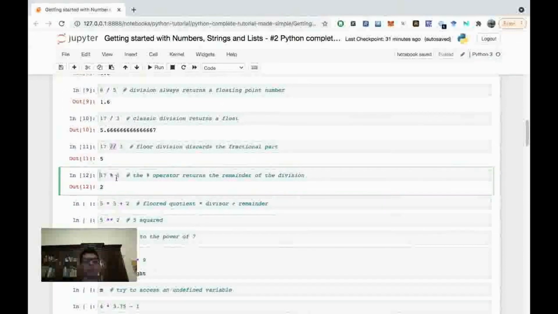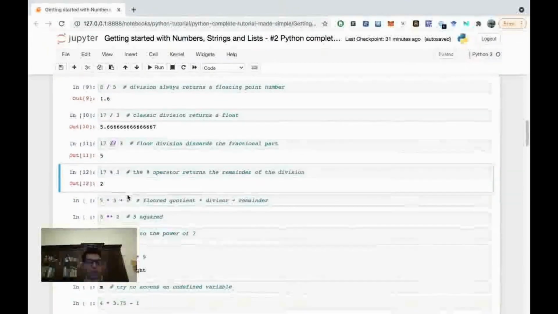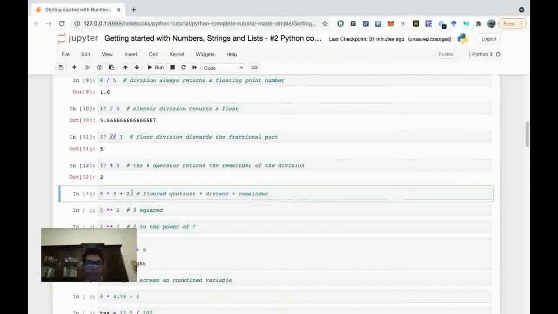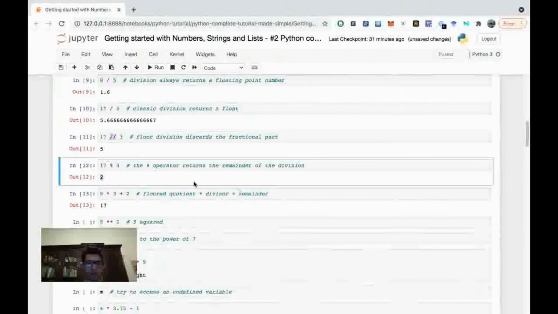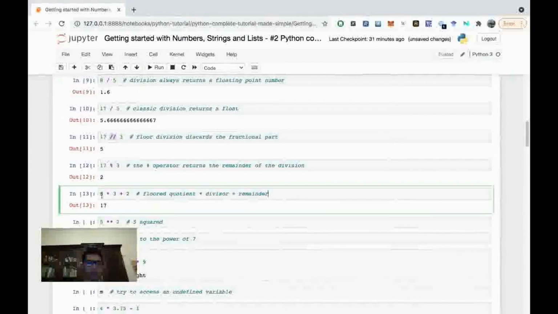If you divide 17 by 3, you get 5, which is 15, and the remainder is 2. So it's 17 minus 15 equals 2. Here you have it: 5 times 3, which is 15, plus 2 equals 17, and this 2 is the remainder. It's like the quotient times the divisor plus the remainder.